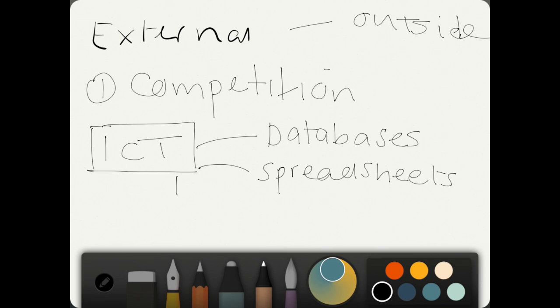Businesses will also use word processing, and that might be because they want to send out letters to customers. They might want to send letters to suppliers. They might want to record minutes of meetings that they've had and send out minutes that way.